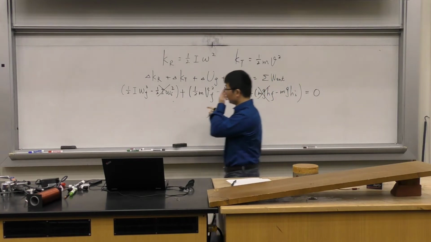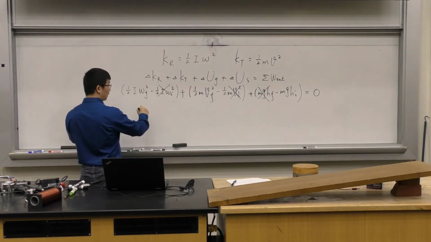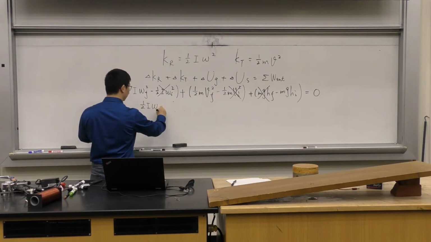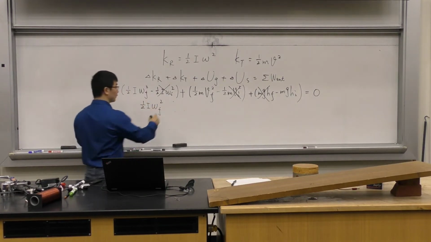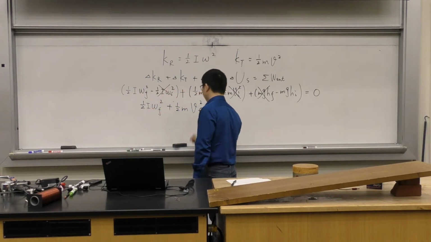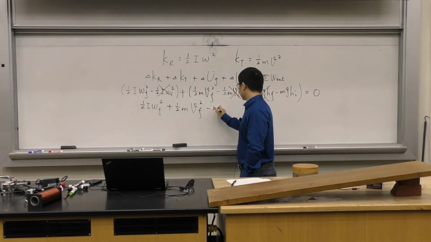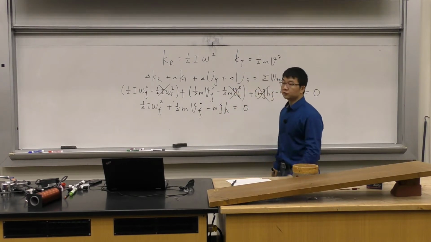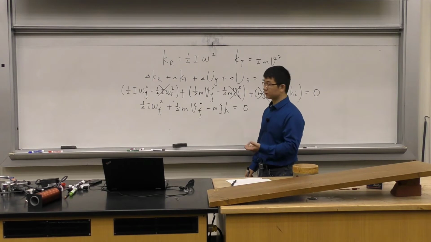Now let's get rid of these zeros. I'm only going to have three terms here: 1/2 I omega final squared plus 1/2 m vF squared minus mgh. The initial height is just the height of the ramp. Now you can rearrange this equation to find an expression for vF.